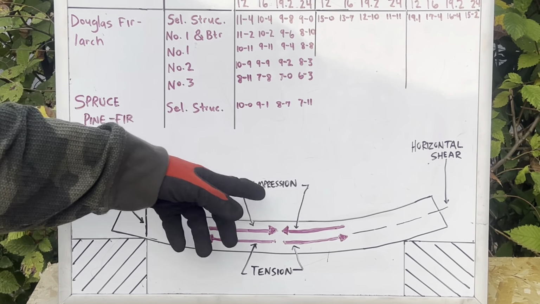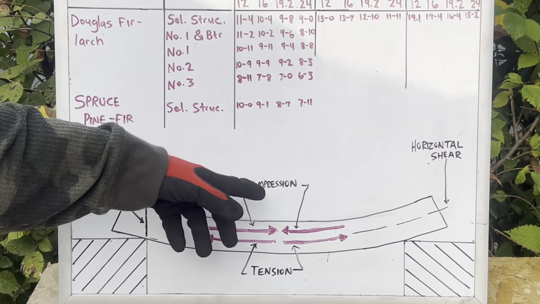Compression. Compression is your pushing force. And tension is your pulling force, as you can see by my arrows. Tension is your pulling force, pulling away right here. Compression is your pushing force right here. I got horizontal shear.